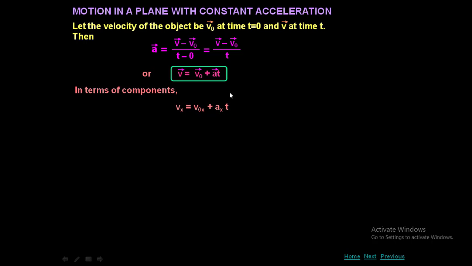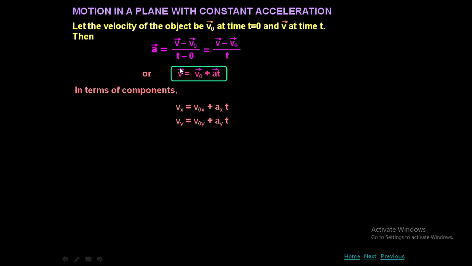This is along x-axis. That means the entire equation is resolved into two components, one along x-axis, another one along y-axis, where time is a scalar which doesn't have any component, it remains the same along x as well as y. And Vy is equal to v naught y plus ay into t. This is the y component of this equation.